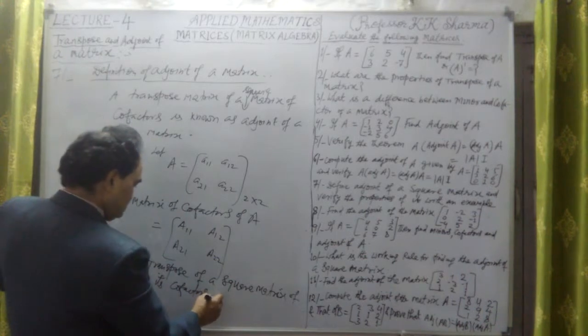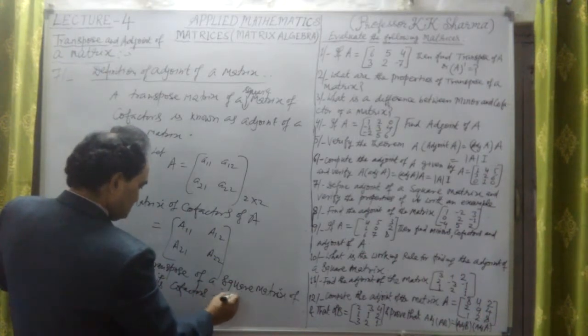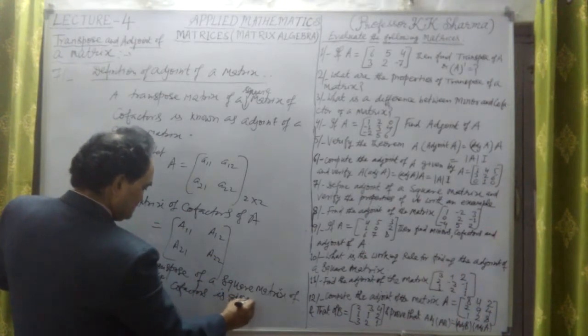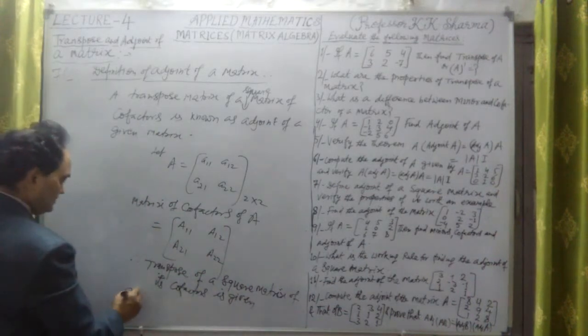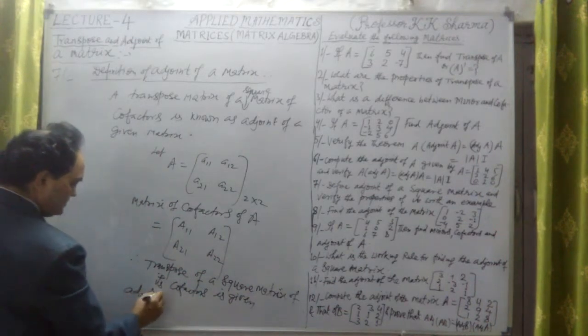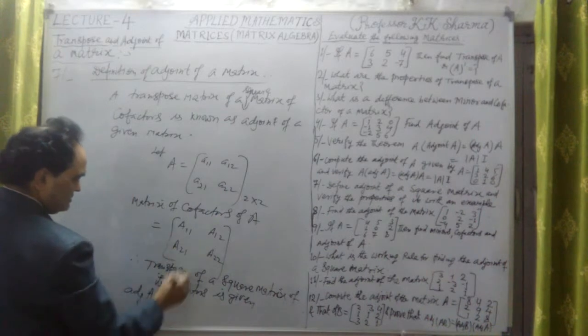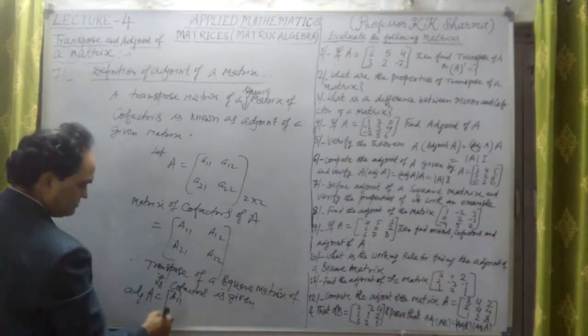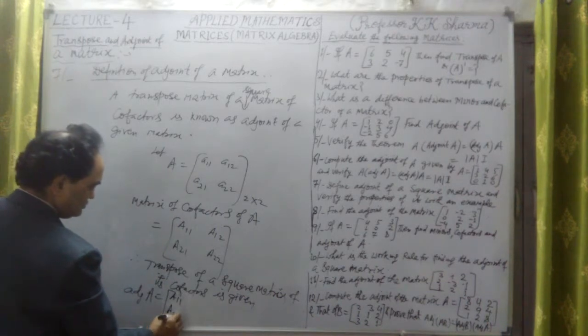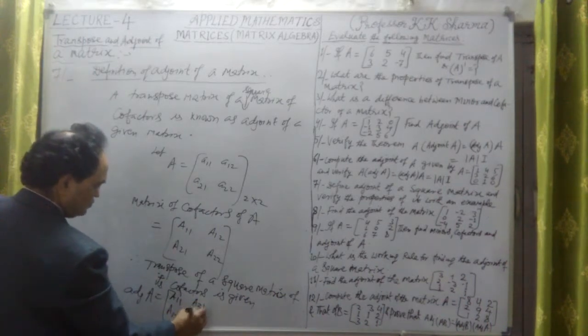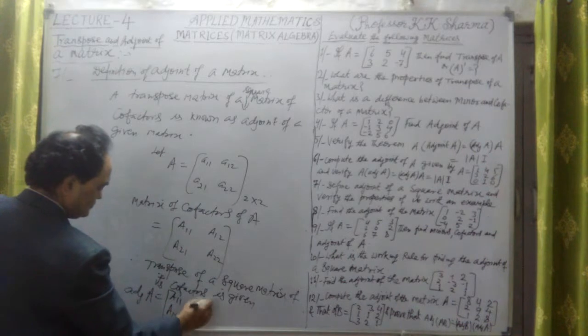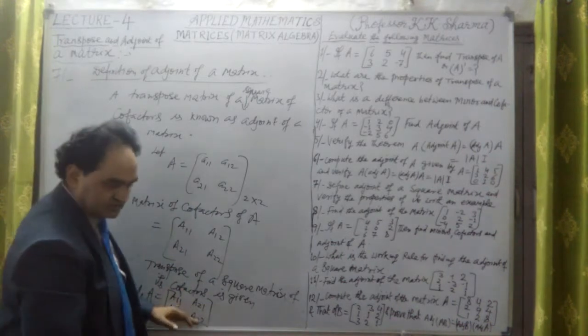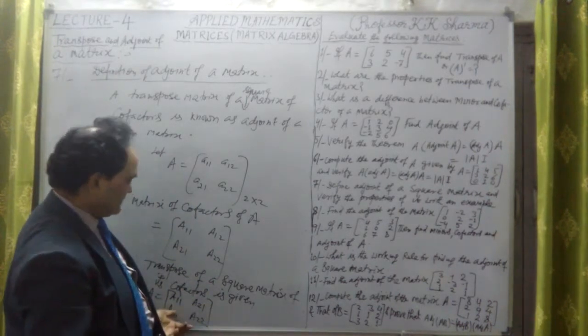So what is the adjoint in this case? Adjoint of A will be given as A11, and this first row will become a column: A12, A21, A22. So this is the adjoint matrix, the adjoint of a given matrix.